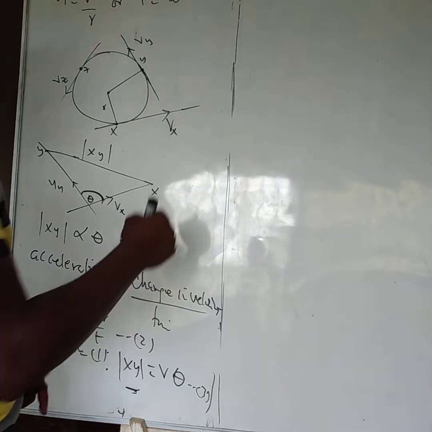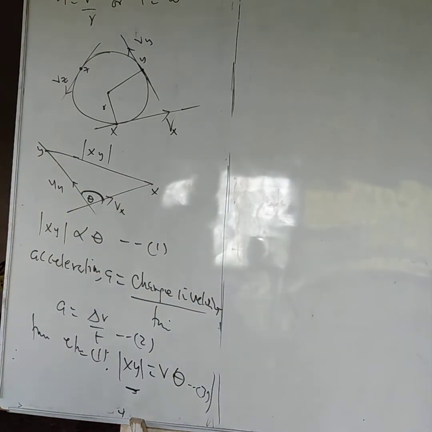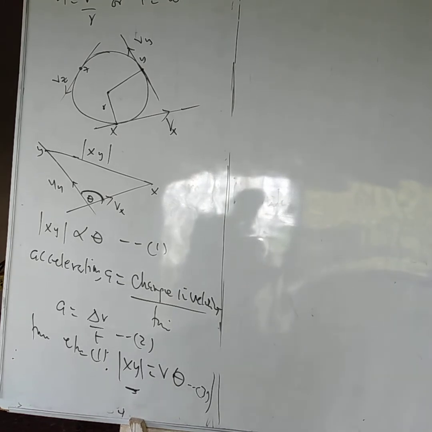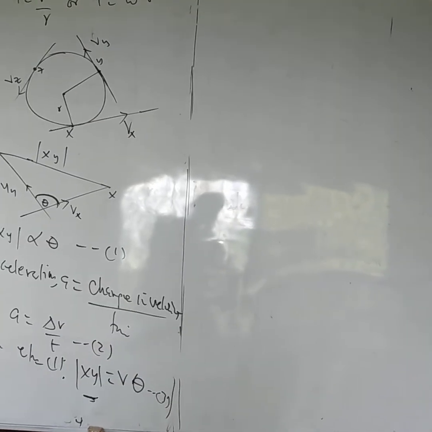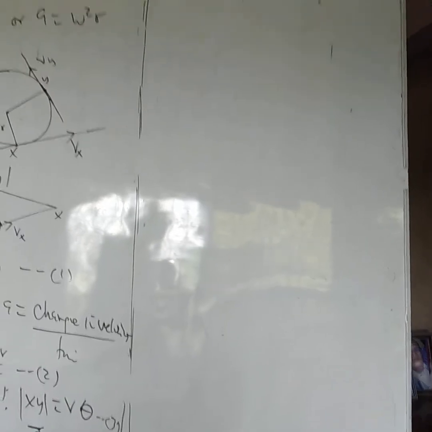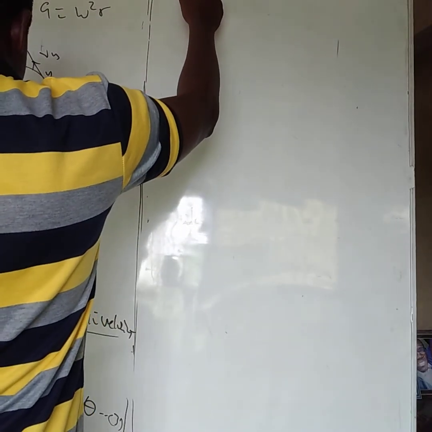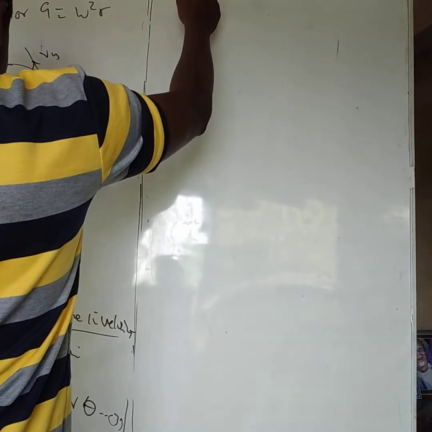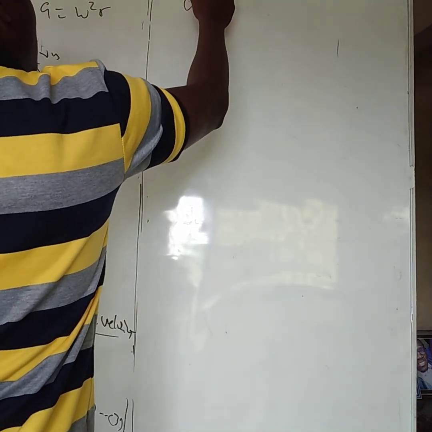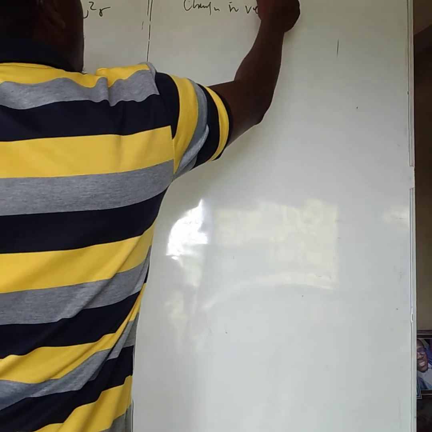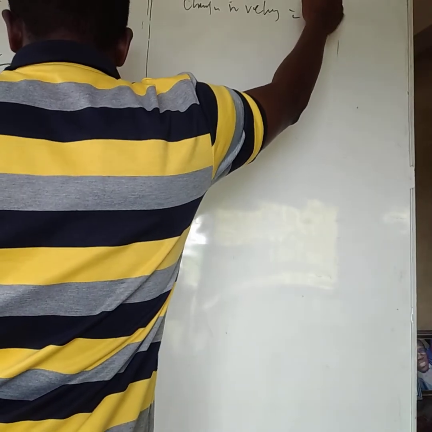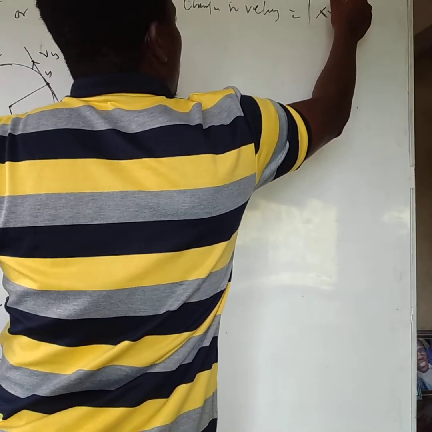Okay. Now we know also that our change in velocity, let me just write our change in velocity, is equal to xy.